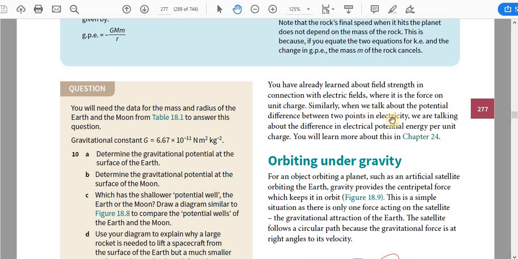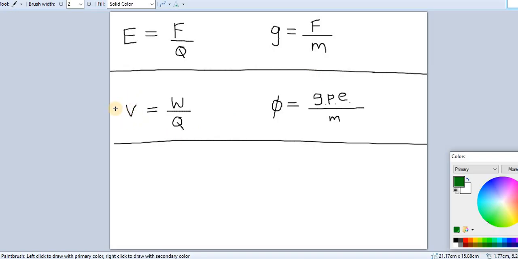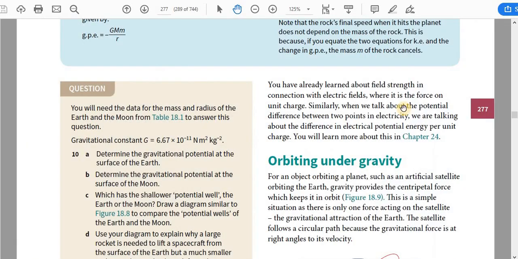To help you understand this better, I will write the equations and show you. When we talk about potential difference between 2 points in electricity, we are talking about the difference in electrical potential energy per unit charge, and that is given by this equation. Work done is energy transferred: the work done in moving the charge is equal to the electrical potential energy gained by the charge.